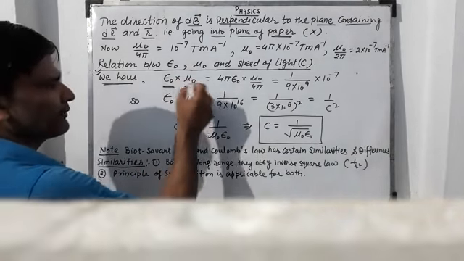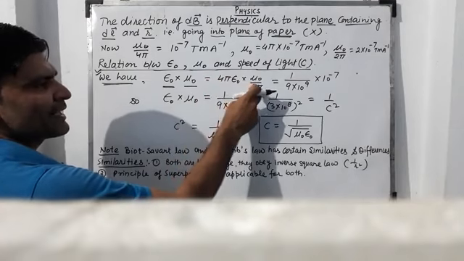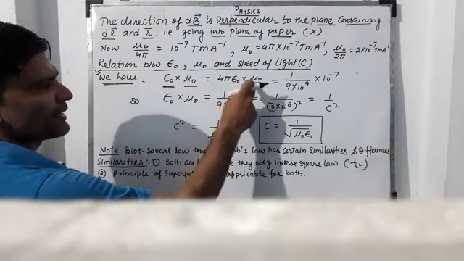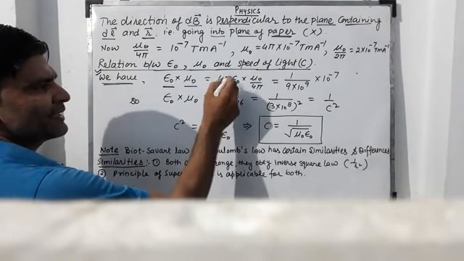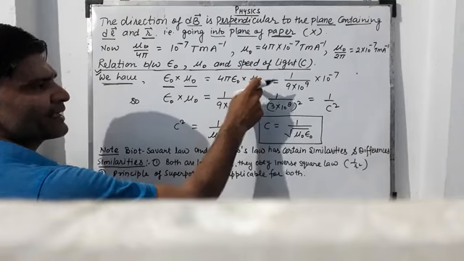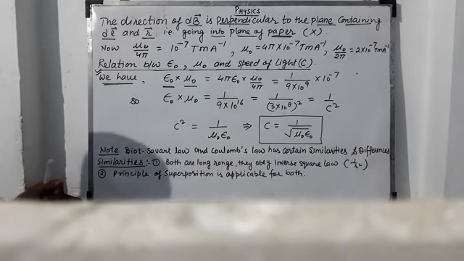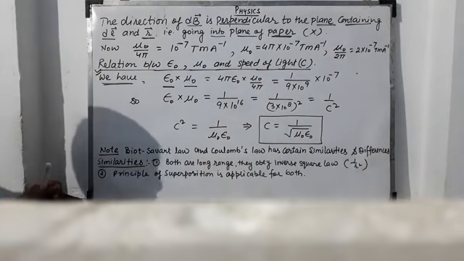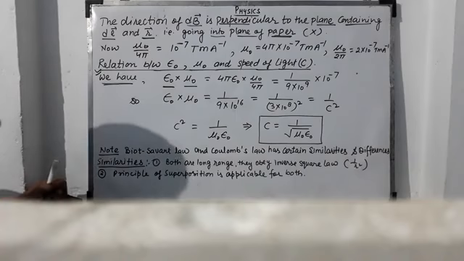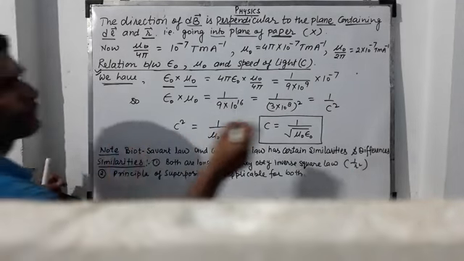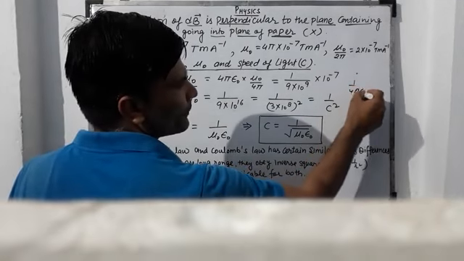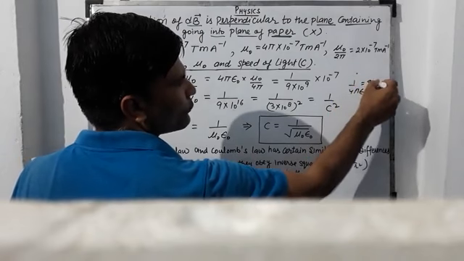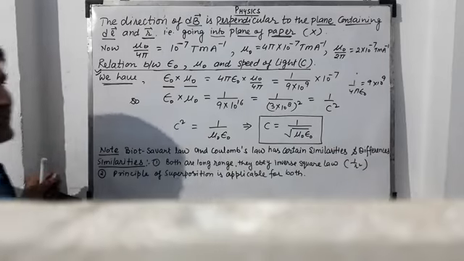Now if we multiply and divide this by 4 pi, we get 4 pi epsilon naught into mu naught upon 4 pi. But you know that the value of 1 upon 4 pi epsilon naught is equal to 9 into 10 to the power 9.